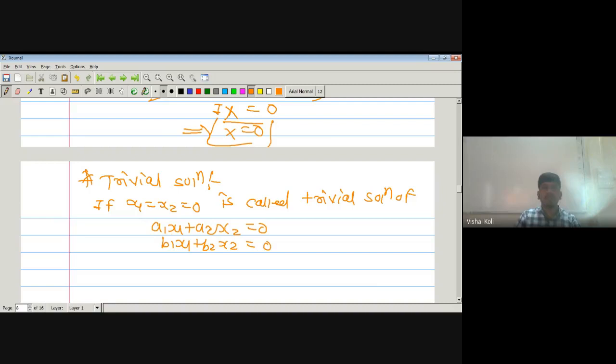Whatever the values of a1, a2, b1 and b2, as x1 and x2 are 0, this condition always holds. That is, x1 into anything will be 0 since x1 equal to 0. Similarly x2 into a2, as x2 is 0, will be 0. Therefore these conditions always hold, and such a solution is called a trivial solution.